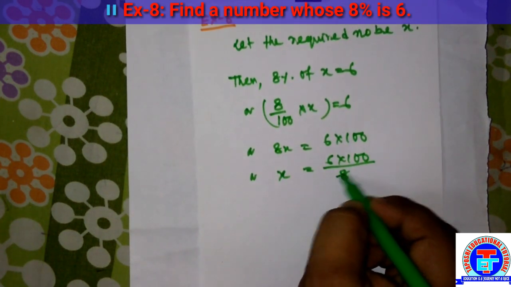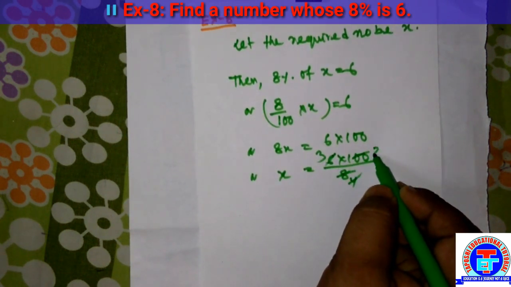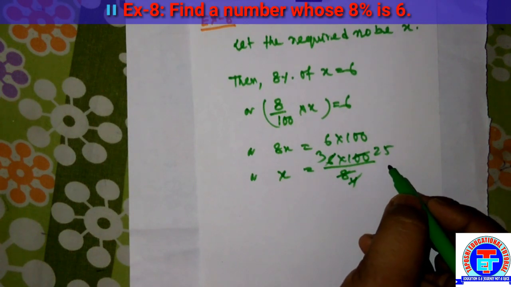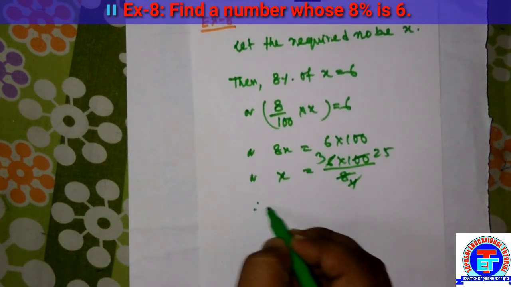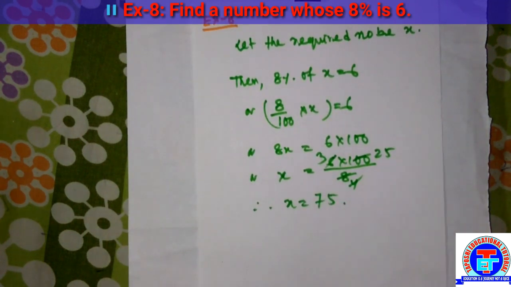That means it will become this one 4, this one 3, this one 25. Therefore x is equal to 75, right?